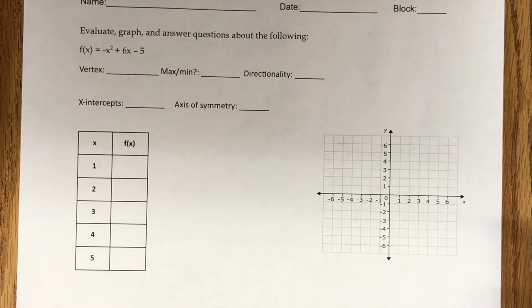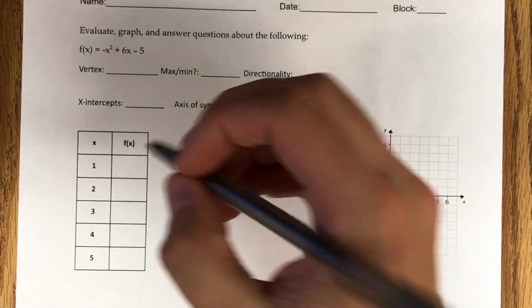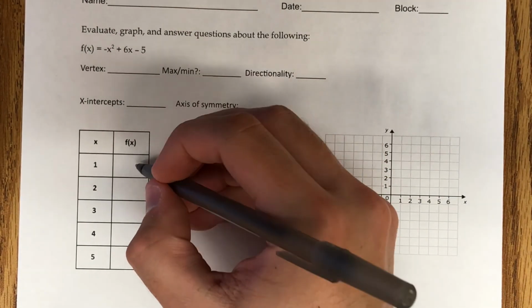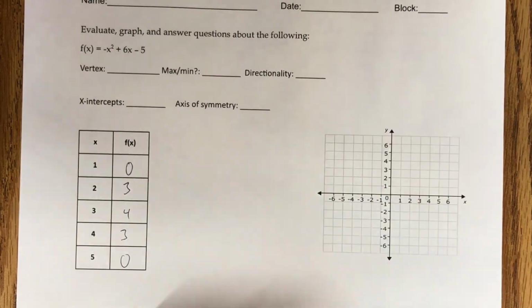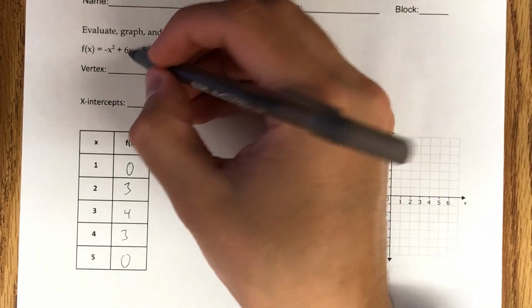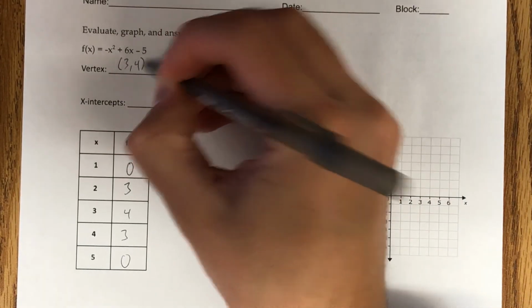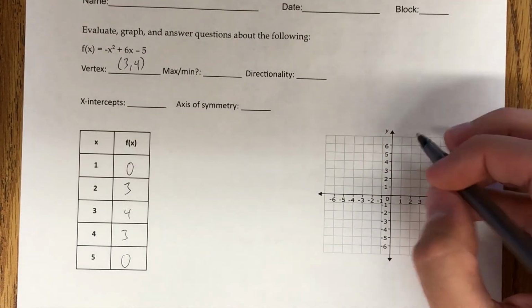Read through it, try it on your own, and then we'll check back in, make sure you've got this down. Okay, we're back. After you plug in those values, you should get 0, 3, 4, 3, 0. Vertex is 3, 4. I suppose we can graph first.